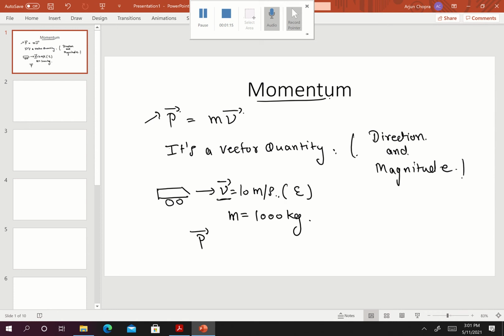Let's say this car is moving in the east direction, so the momentum will be equal to mass times velocity, which will be equal to 1000 times 10, which will be equal to 10,000 kg meters per second in east direction. So kg meters per second becomes the unit of the momentum.